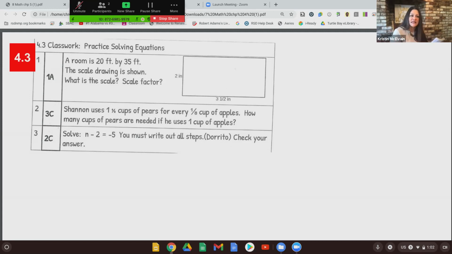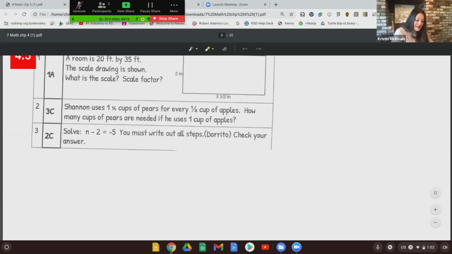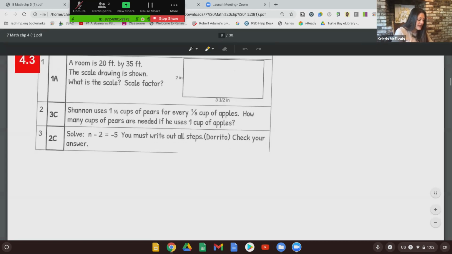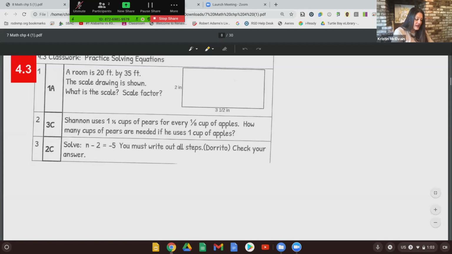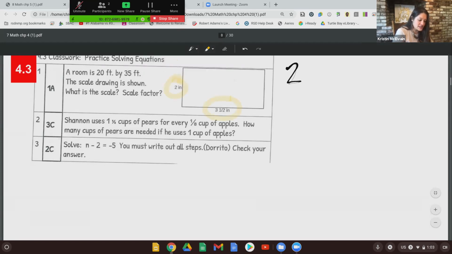Okay, so when we look at this for number one, it says that a room is 20 feet by 35 feet. And here's our scale drawing. So looking at it, we have 2 inches by 3.5 inches. So this is a scale model. In looking at this, we have 2 inches.